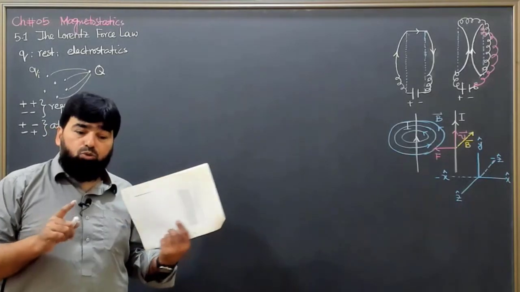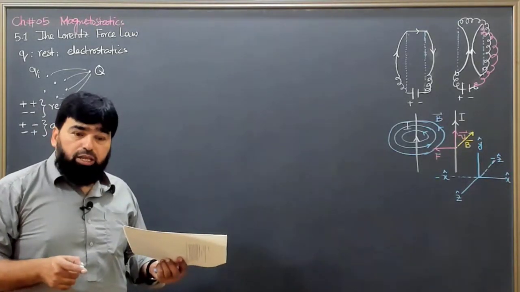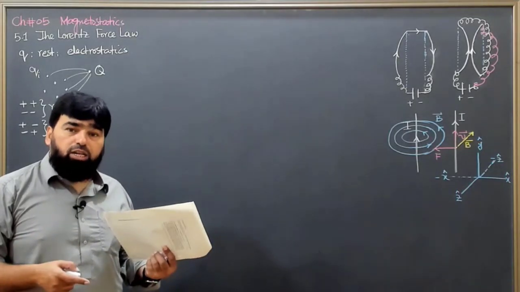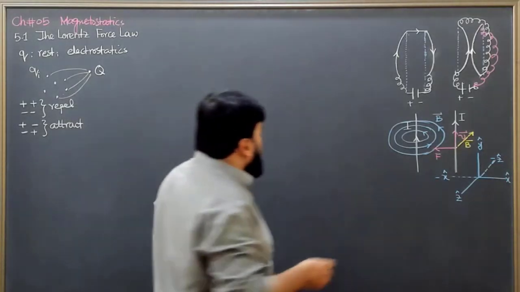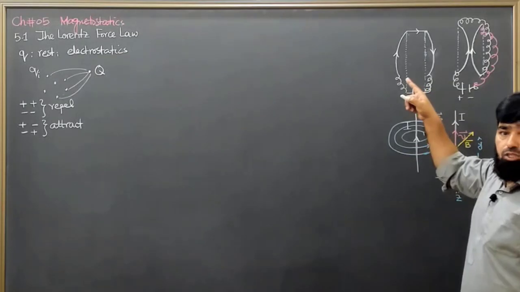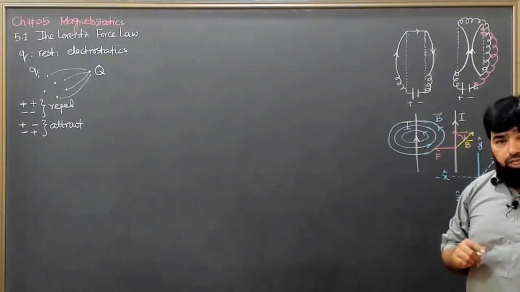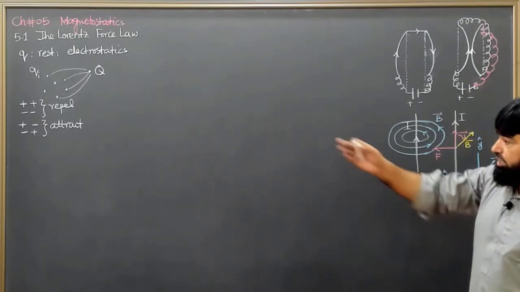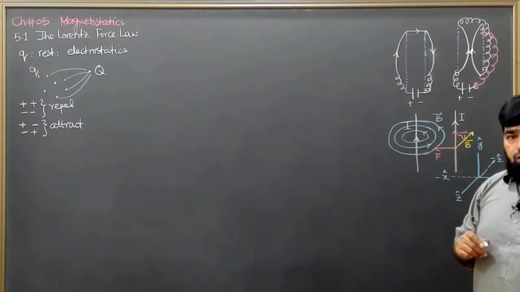If the current is going in opposite directions, they repel each other, and if the current goes in the same direction, they attract each other. Is this force electrostatic in nature? Here the charges are basically moving, so it is not electrostatic in nature, and it is opposite to that case, because similar charges were repelling each other.